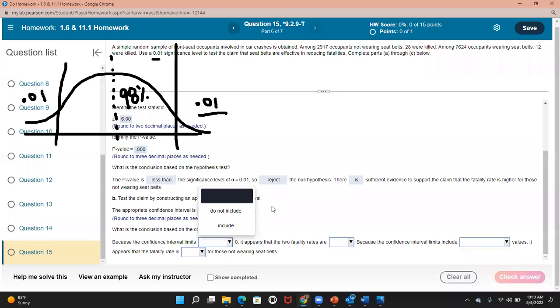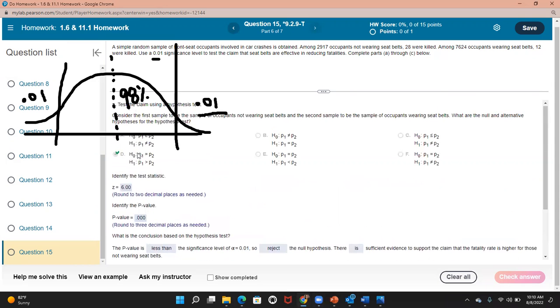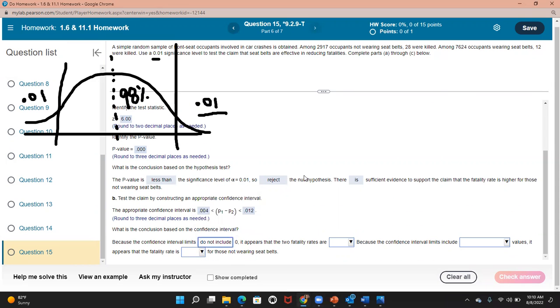Whenever there's more than one drop-down menu, that's always fun. But it says because the confidence interval limits do not include zero, right? Because it's from 0.004 to 0.012. If they were equal or close enough to equal, it should include zero. If we subtracted two numbers and they're close, it should be close to zero, like 2 minus 2.1 is close to zero, or 3 minus 2.9.